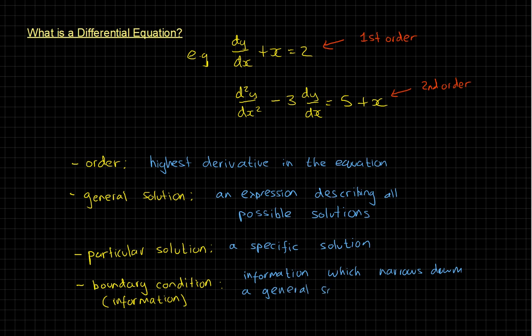So the idea is, again, if I give you a differential equation, you'll only ever be able to get a general solution. Then if I give you an extra bit of information, a boundary condition, in addition to the differential equation, you'll be able to narrow it down from a general solution to a particular solution.